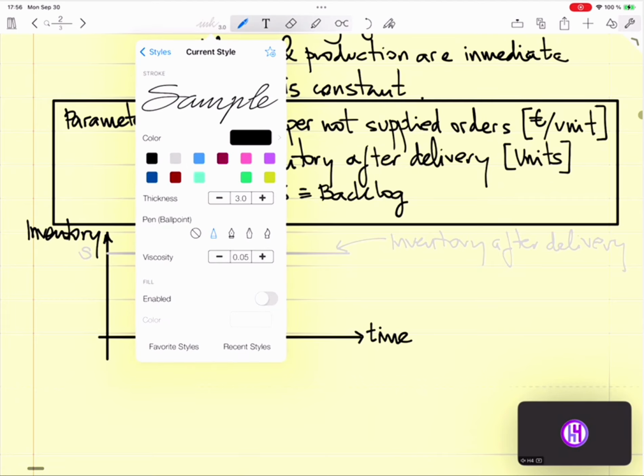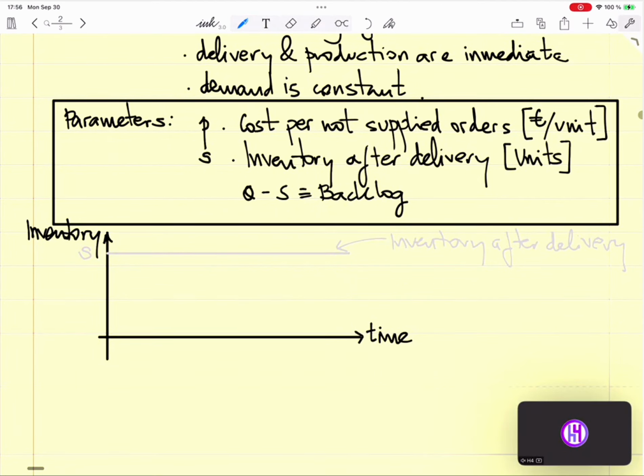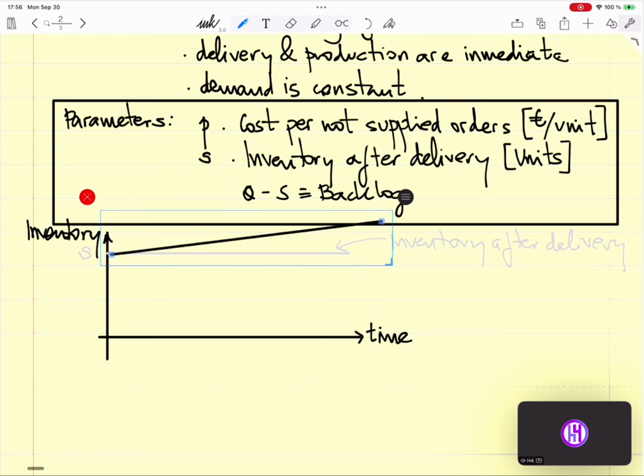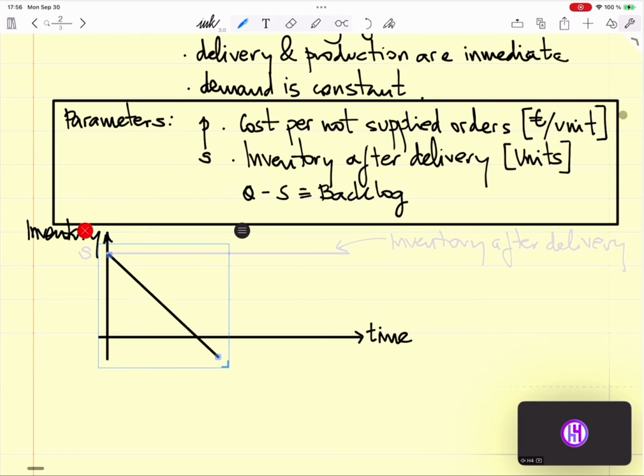And then we have the backlog, which is the amount of inventory that we go into minus. Okay, so we go the backlog there. This is the backlog.